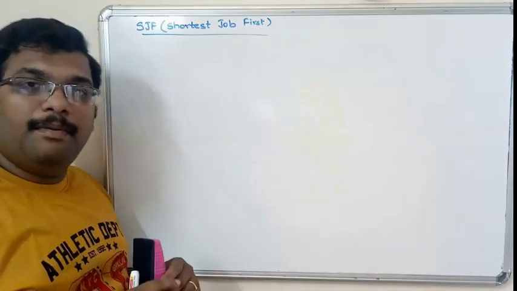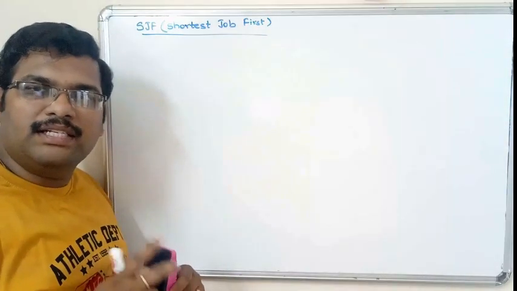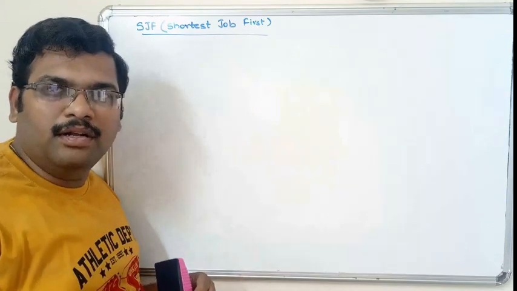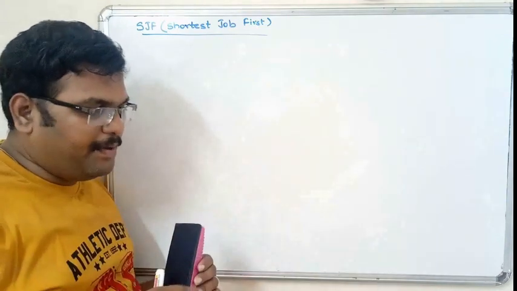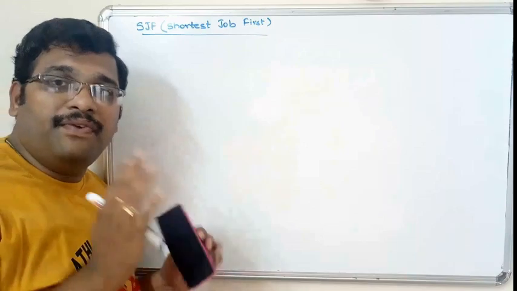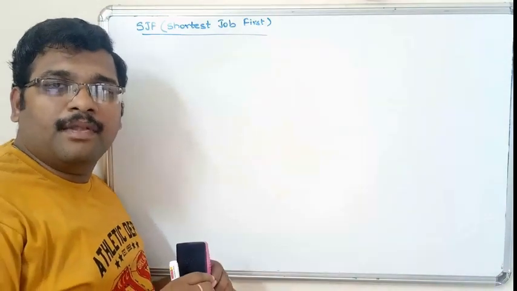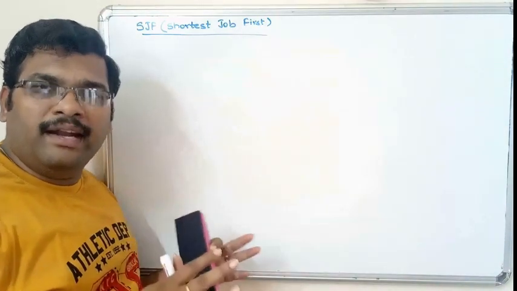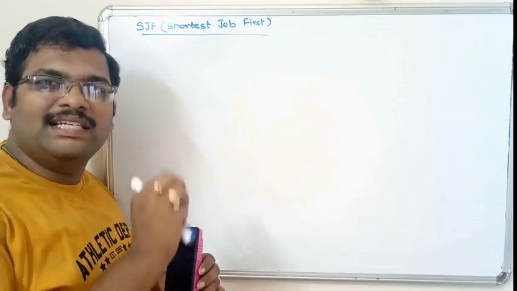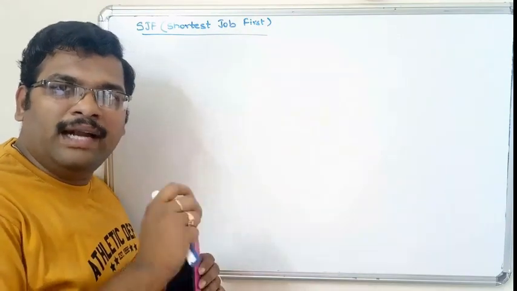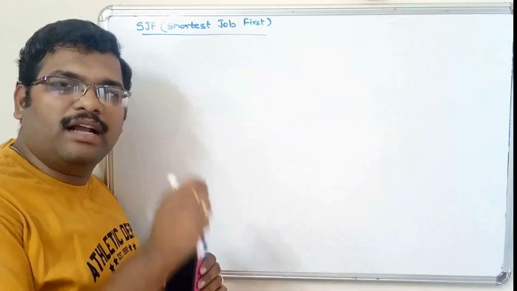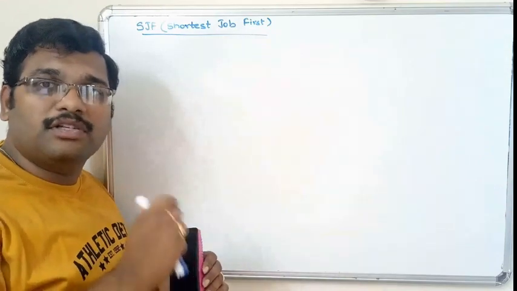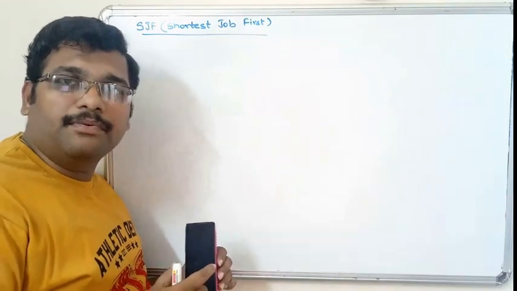Here this can be implemented in two modes. One is preemption and the other is non-preemption. We have discussed in the previous session that if it is non-preemption, there will be no interruption. If one process is allocated to the CPU, until that process completes its execution, no other process will be allocated to the CPU.